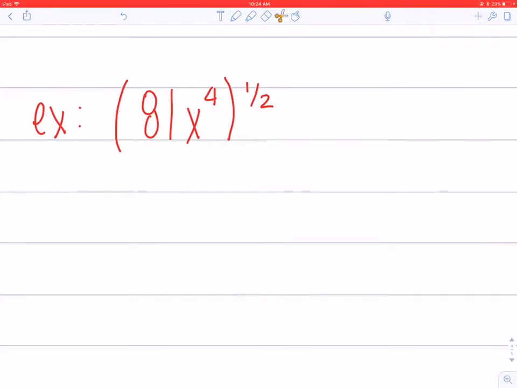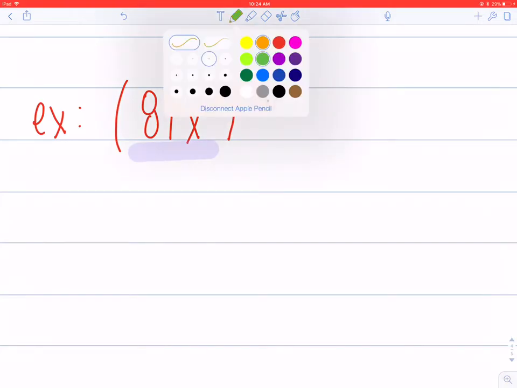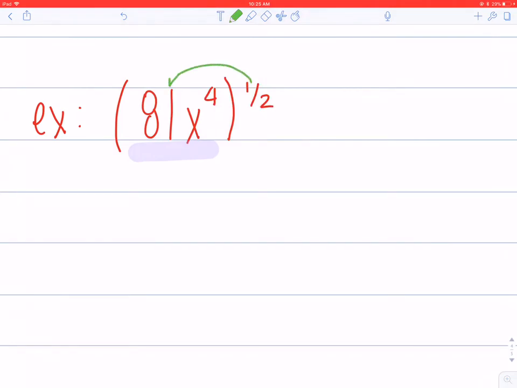So the first example is 81 x to the fourth all to the 1/2 power. This is the product to a power problem because I have several things inside the parentheses all to the 1/2. So what I'm going to do is distribute the 1/2 to each thing. So 81 to the 1/2 power and x to the fourth to the 1/2 power.